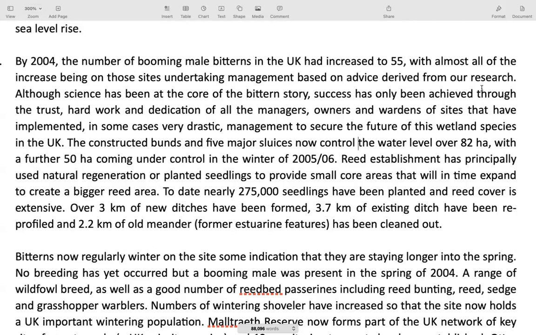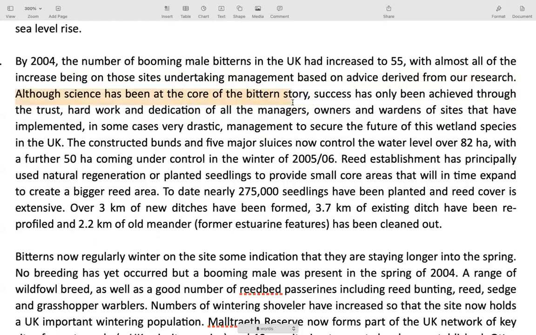Okay. Now, can someone tell me the meaning of the second line? Here it is written that they achieve success only by their hard work, trust, and management effort. Okay, right.